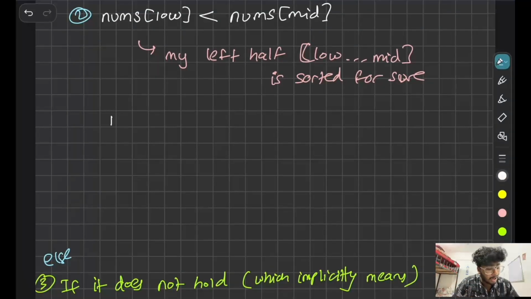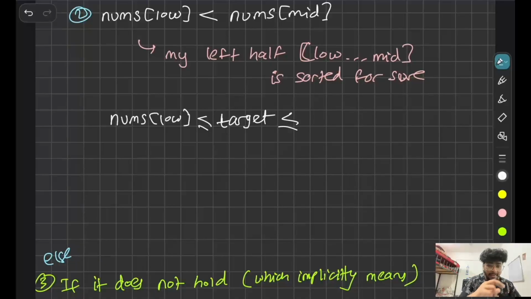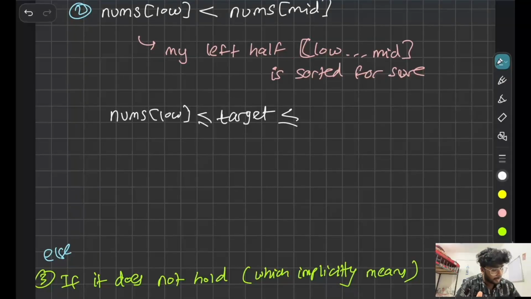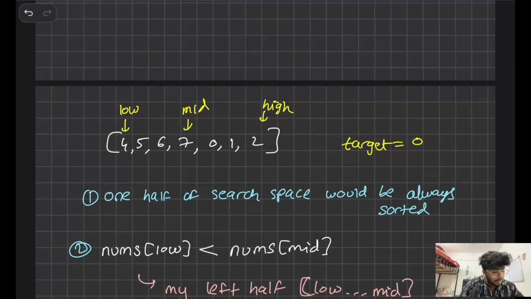To check that, nums of low should be less than or equal to target, and also my target should be smaller than or equal to my nums of mid. If this condition holds, then I know my target lies in the left sorted half, right?